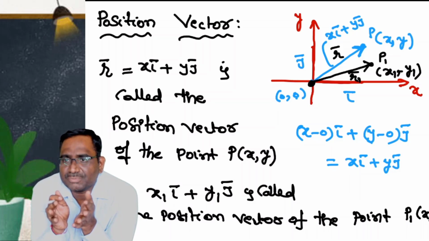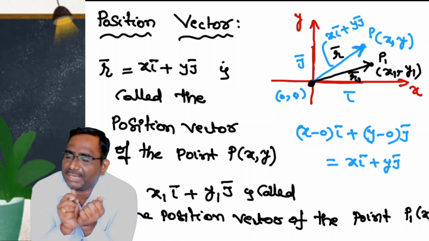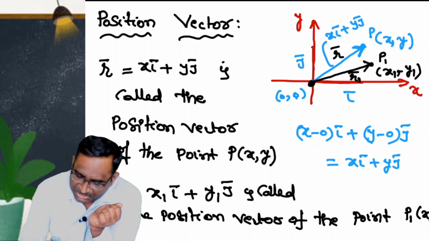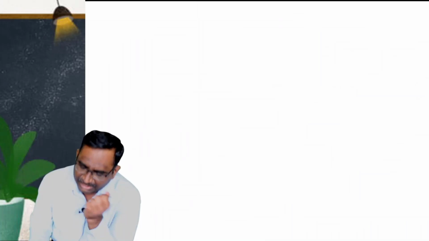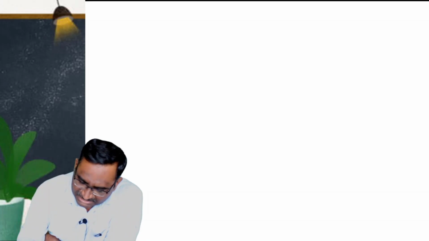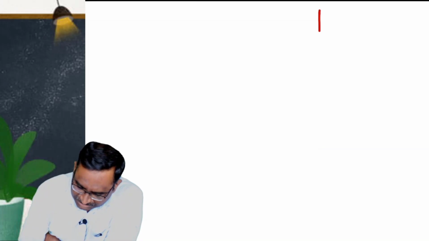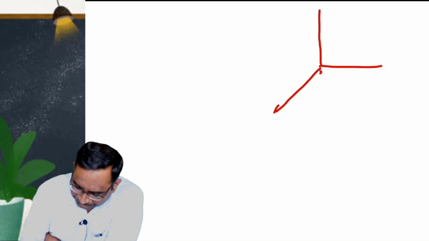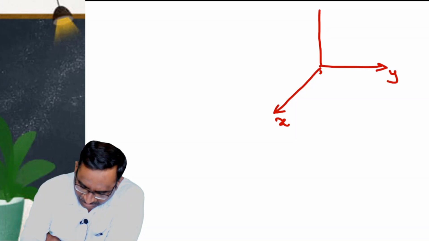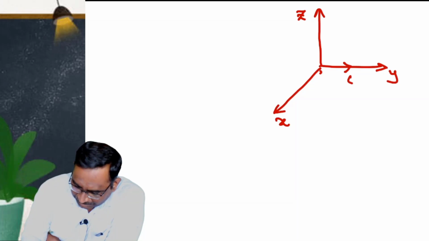Now this is a position vector in a two-dimensional plane. Suppose it is in space, with axes x, y and z, and unit vectors i bar, j bar and k bar.